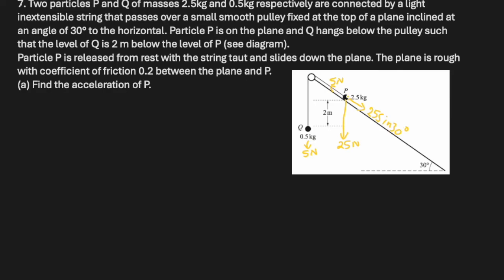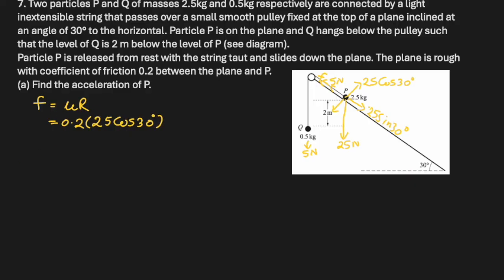Since there is friction and both of them are moving this way, there will be friction in this direction. The friction will be mu R. Mu is given as 0.2, and R will be the contact force, which is equal to the weight component in this direction, 25 cos 30. So it will be 0.2 times 25 cos 30 degrees.